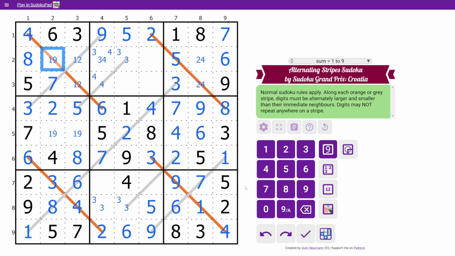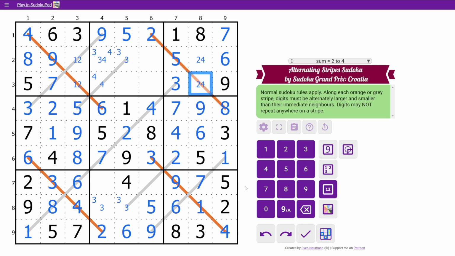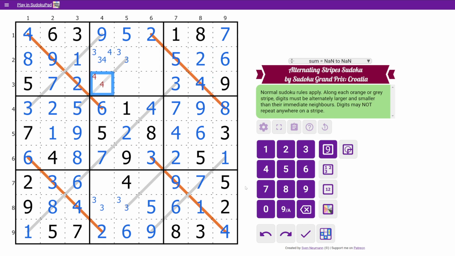There's a 1-2 pair here. It goes up, it goes down, it could be either. This could go down still. Those would be either, 2 cannot be on the line. This is a 7 now.